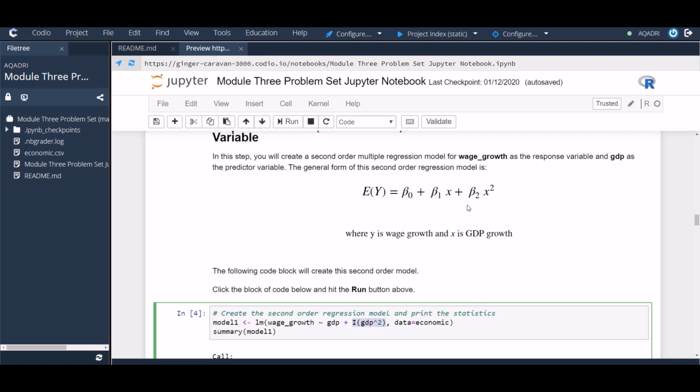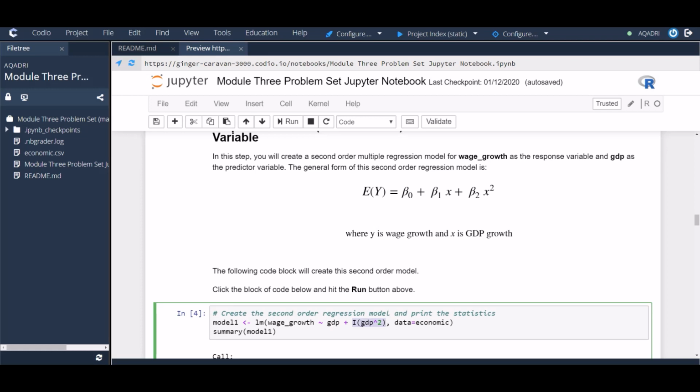Sometimes students will think that because this is x squared, you can just take the GDP and add a term GDP times GDP. Okay, that's not how the function is designed to work. This is the convention to use when you want to have a second order term in the model.